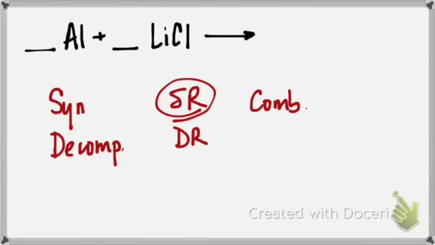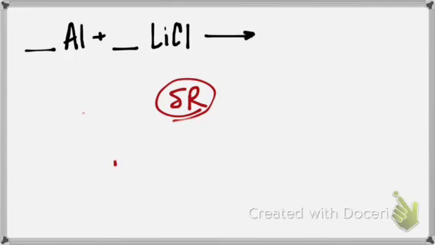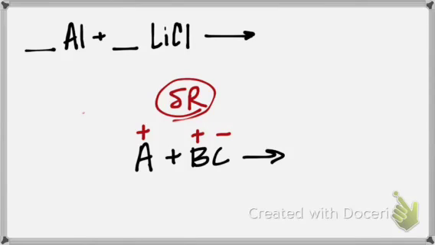Now, in a single replacement reaction, something to remember is that its general format is going to look something like this. A plus BC. Remember, this is what I call teenage dating. This is where the couple breaks up, right? BC breaks up. B gets kicked out. So, if this is a positive ion, this is positive and that's negative, basically what happens here is that the positive ions switch places.